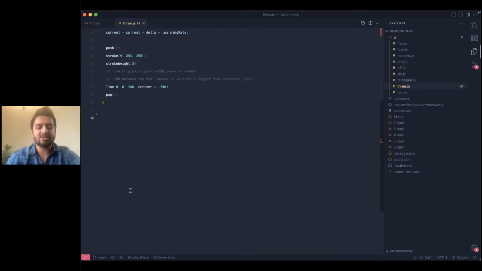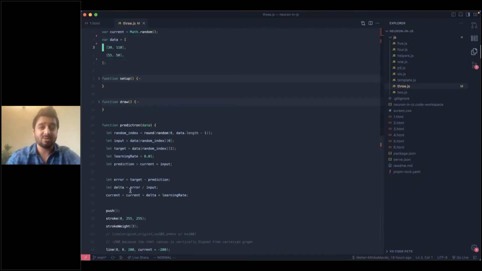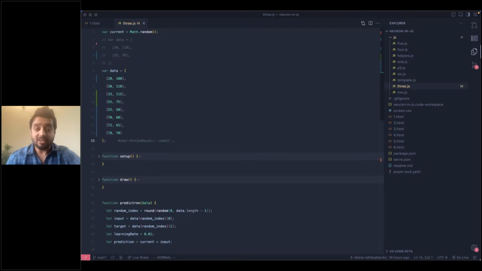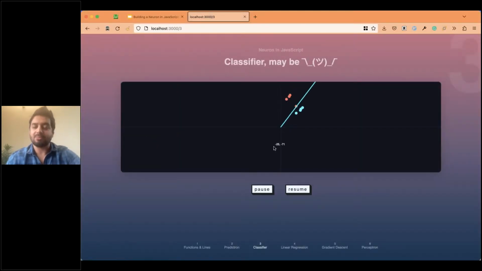Why I'm saying maybe classifier is because if I make this data something really more rich, and something like this happens, you see that it's not behaving the way it's supposed to be behaving. It's thinking that the red dot is coming here. But what it's trying to do is basically every time it's finding one of the data points, it's reducing the error for that.